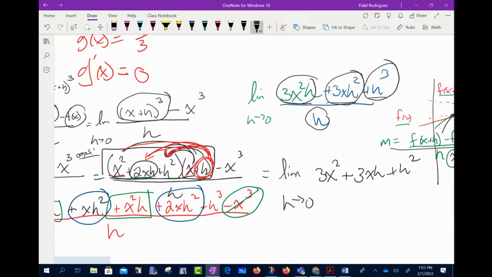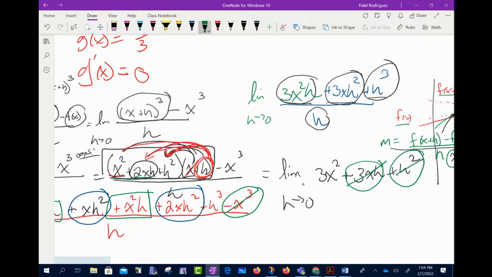Okay. Now, guys, all we've done so far, we've just done algebra. Because remember, the calculus part now comes into play where we're going to take the limit, right? As we take the limit, as h approaches 0, don't we, in essence, plug in 0 everywhere we have an h? If we plug in 0 everywhere we have an h, what's going to happen to this piece and what's going to happen to that piece?